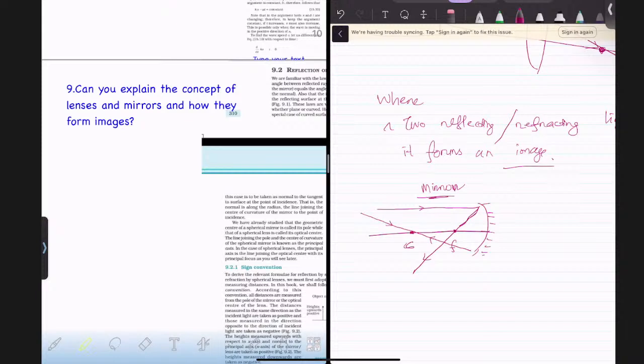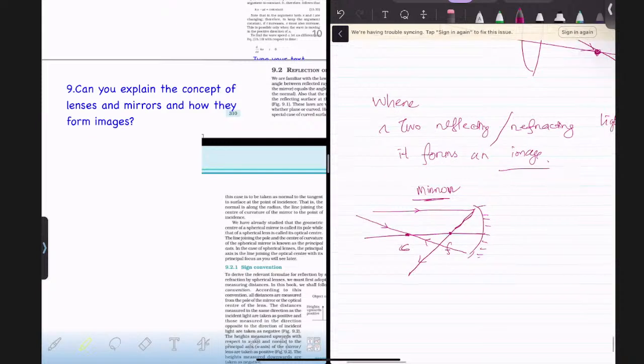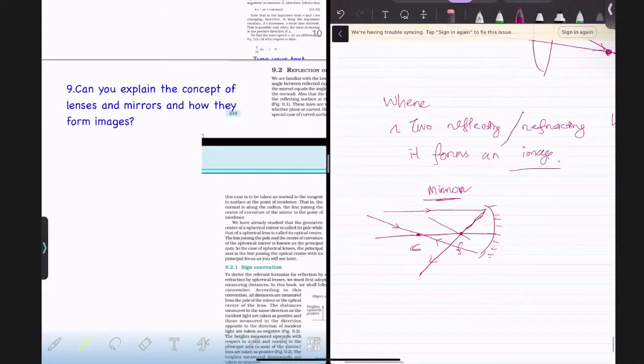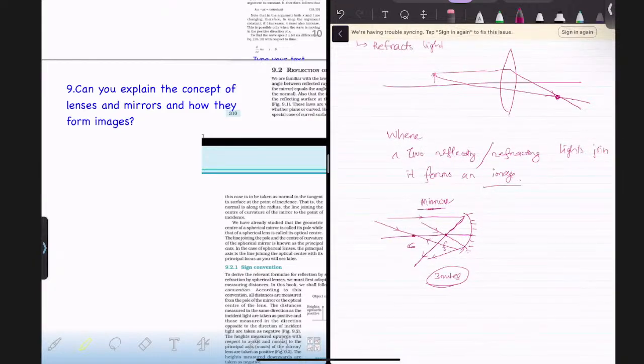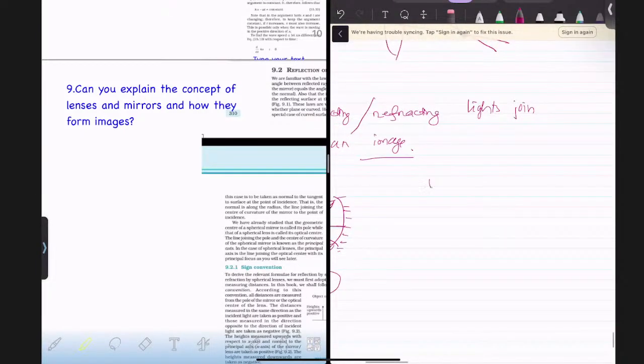And if a light is moving on the focus, it will move parallel to the line. Okay, these are the three rules you need to remember. और इसी से ही image formation हम लोग पढ़ते हैं. There are so many cases you have to learn about जहाँ पे कैसे image form होता है. Okay, same in lens.